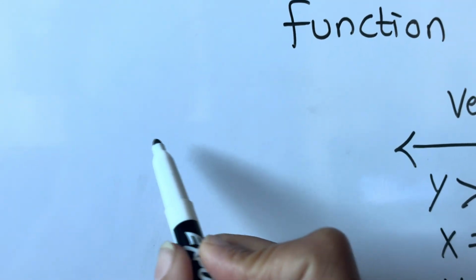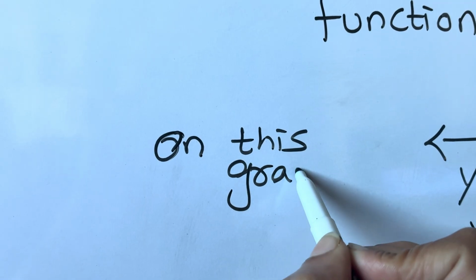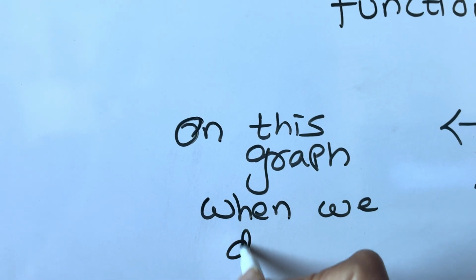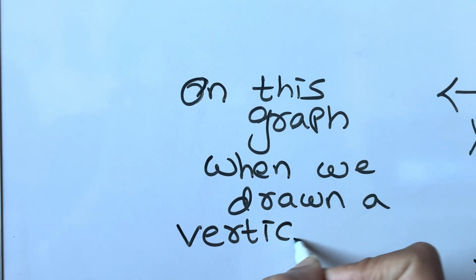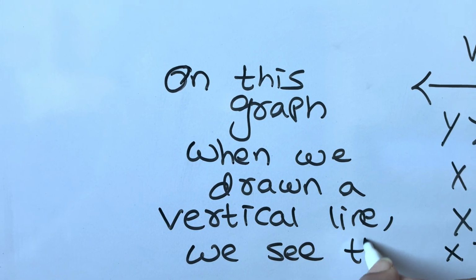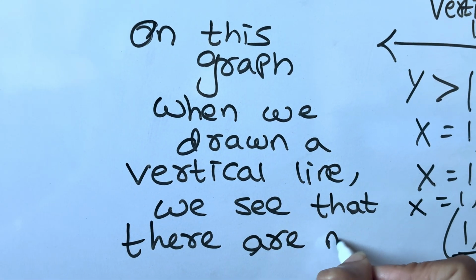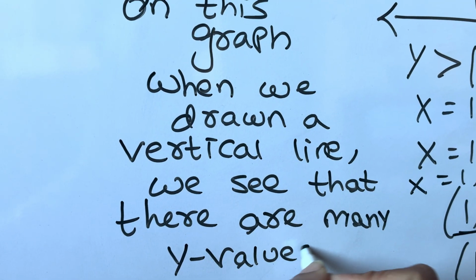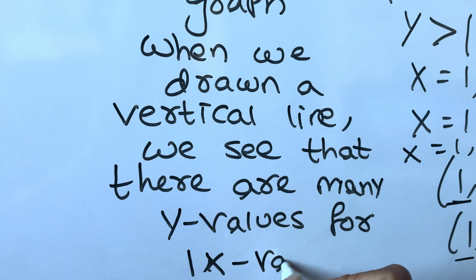So let's write it down here. On this graph, when we draw a vertical line, we see that there are many y values for one x value.